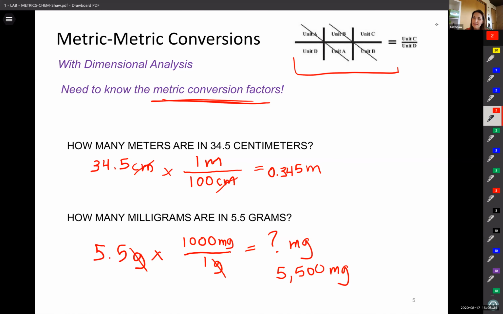Now, what if I didn't go directly to a base or didn't come directly from a base? Technically, you can make this into a multi-step process. As an example here, let's imagine that I'm going from 34.5 centimeters rather than meters. Let's say I want to convert to millimeters, right?